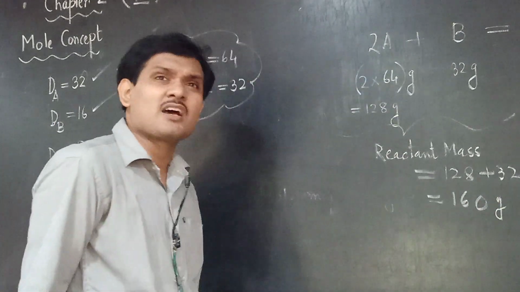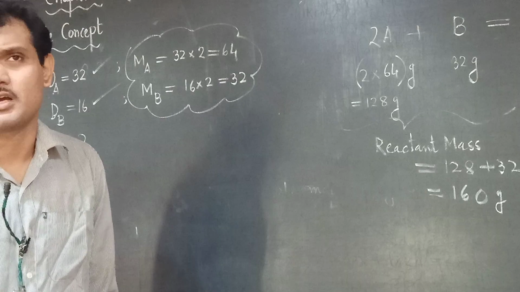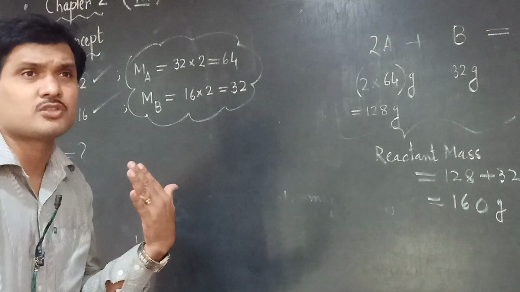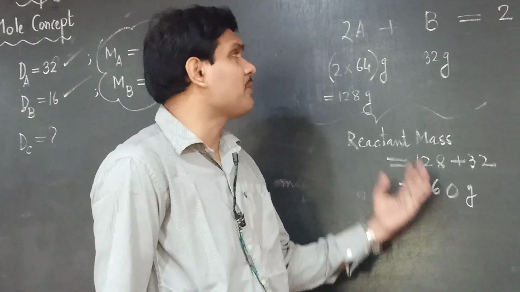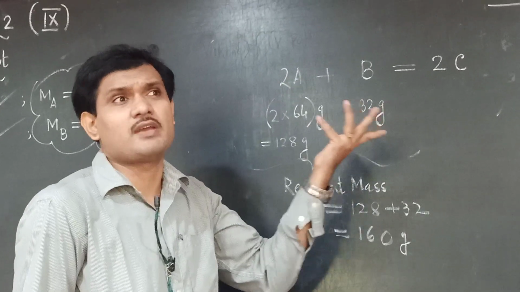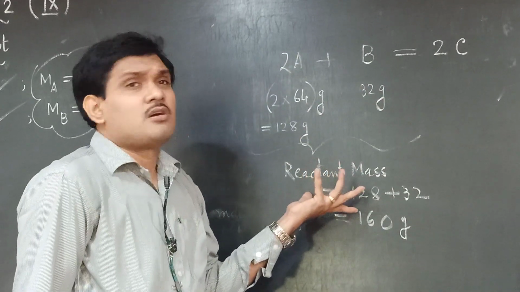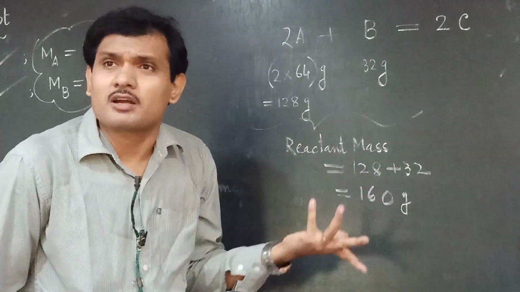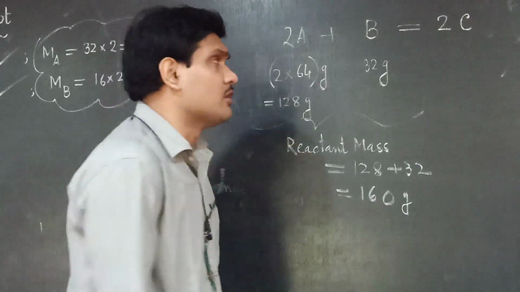Now we have the mass conservation principle during a chemical reaction, so mass will always remain fixed. If 160 grams of A and B react, the product produced will also be 160.